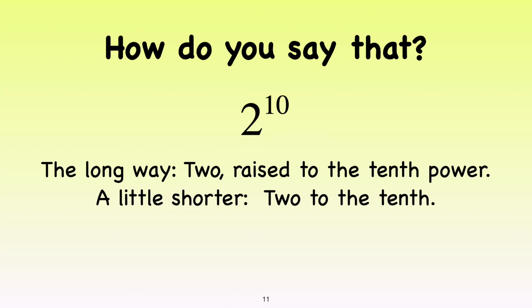How should we read this expression when we say it out loud? We have 2 ways. The longer and more formal way is to say 2 raised to the 10th power. But as mathematicians, human beings that we are always looking for shortcuts, so we will often shorten this as 2 to the 10th.